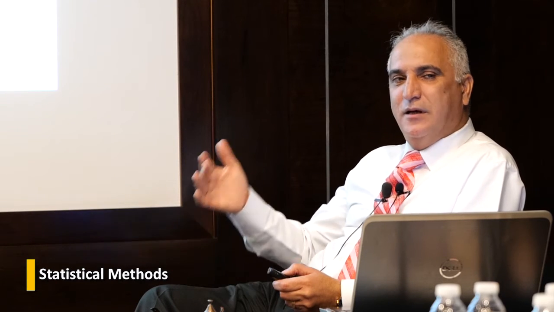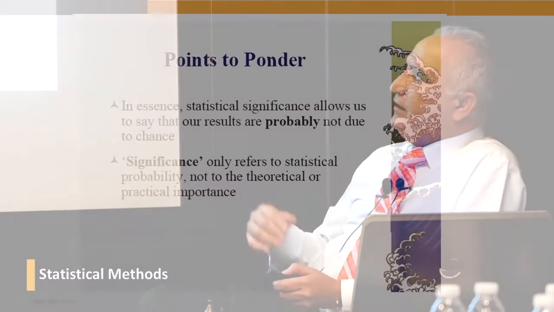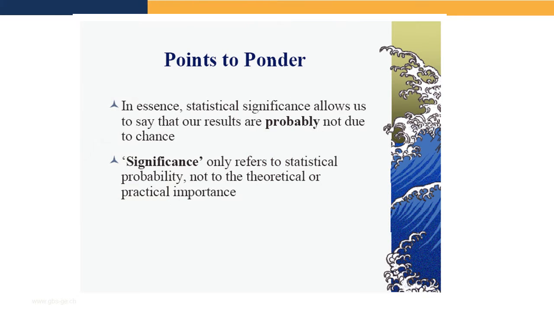Anything below 0.05, 0.03, 0.01 means we reject the null hypothesis and we accept the alternative. You understand, guys? That there is a difference. Significant, as I mentioned, refers to the probability of where we accept and we reject.